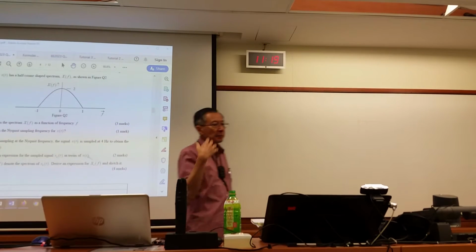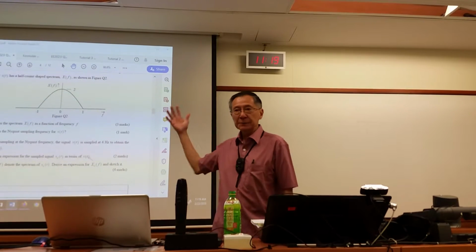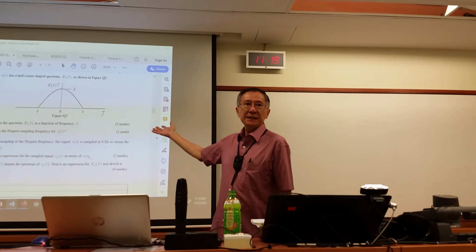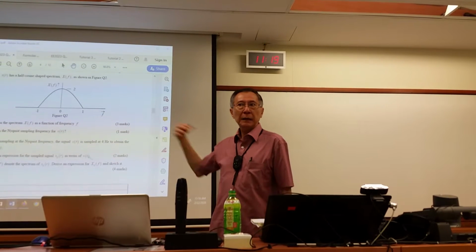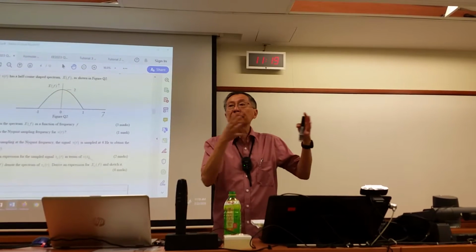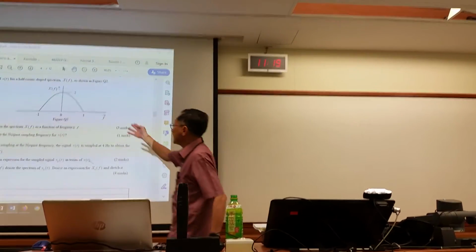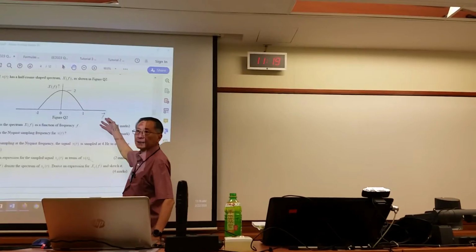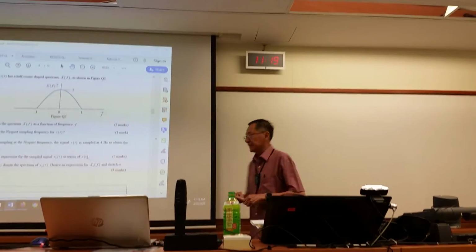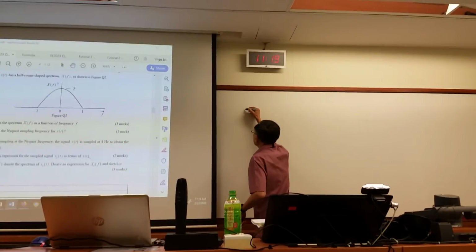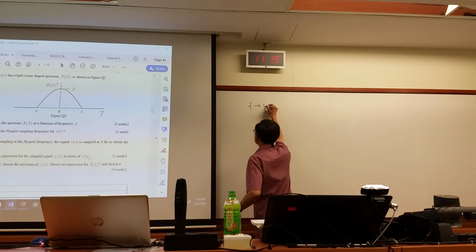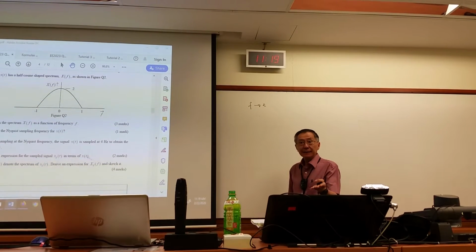Okay. Now again, many of you may have difficulty thinking in terms of frequency here. So what I would recommend is think in terms of time first and convert that to frequency. Imagine this is t, and not f. If this was t, so I change this to t. Easier to see, right?